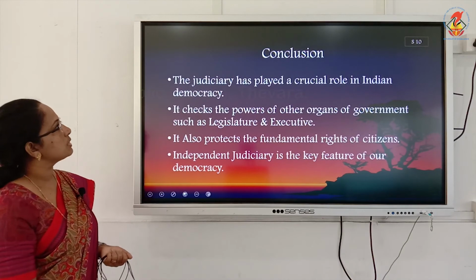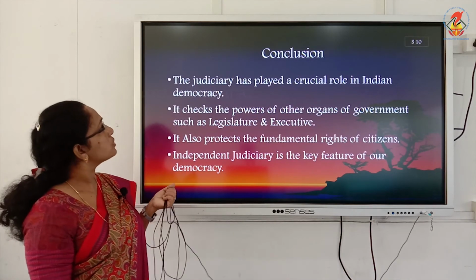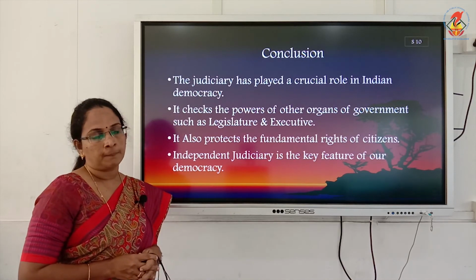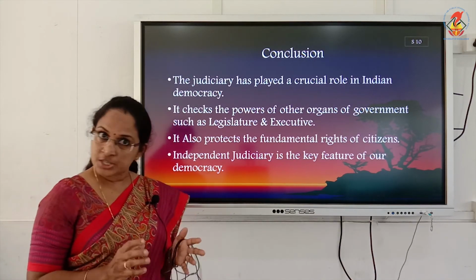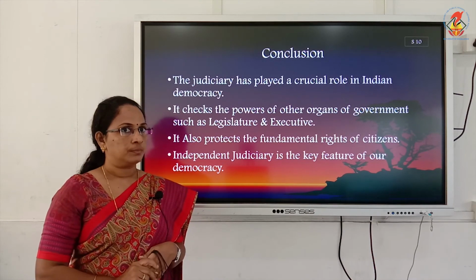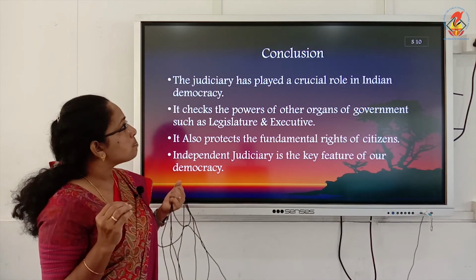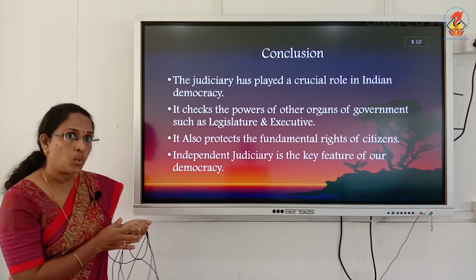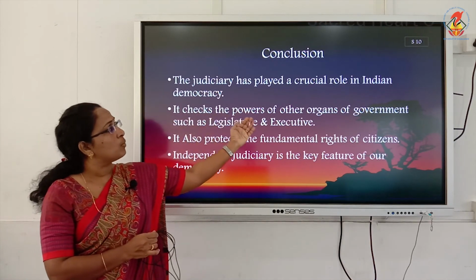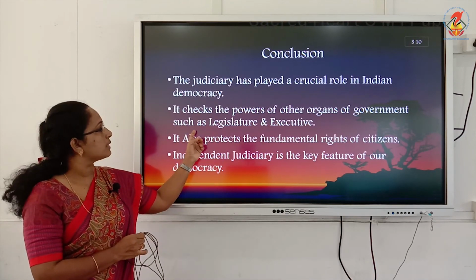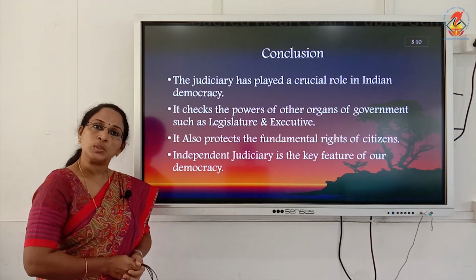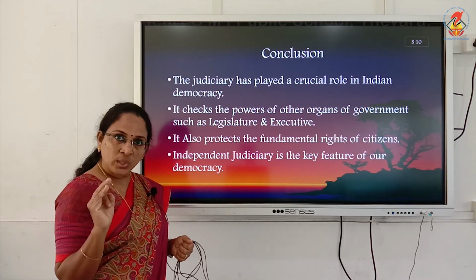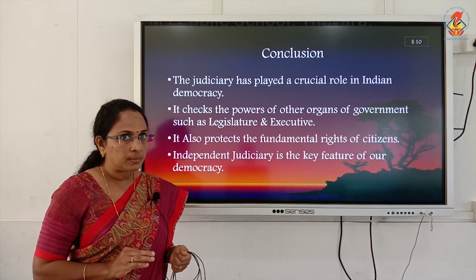Coming to the conclusion, children, the judiciary has played a crucial role in the Indian democracy. We saw the role of judiciary in part 1. The judiciary plays a very important role in Indian democracy, and it checks the powers of other organs of government such as legislature and executive. In part 1 we discussed that. Which are the three organs or branches of government?